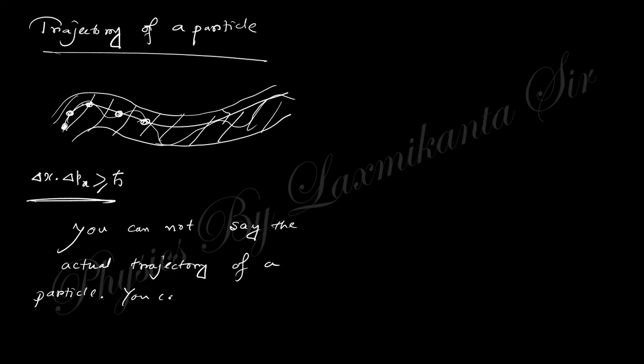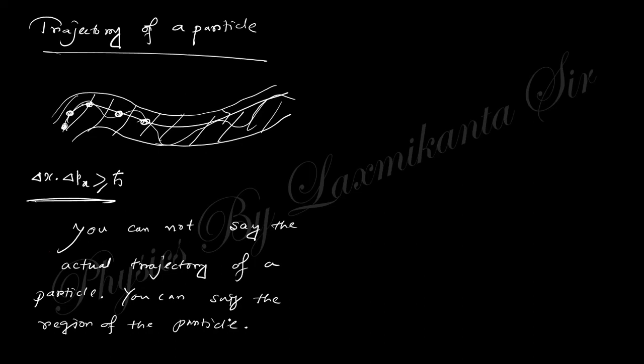You can say the region of the particle. Okay, so the actual path of this particle cannot be determined. You can determine the range of the position of the particle.